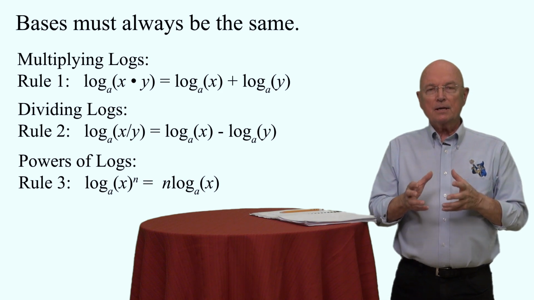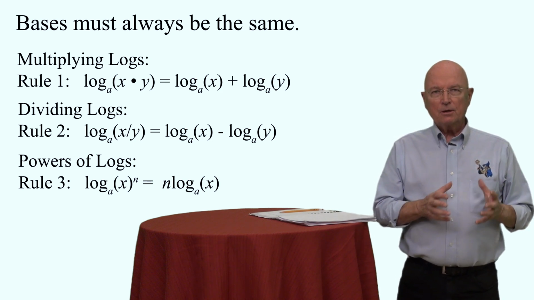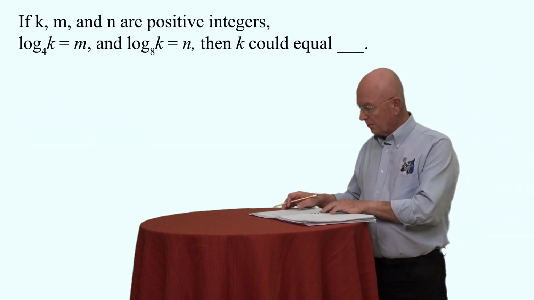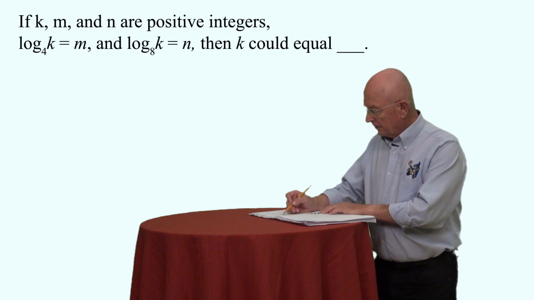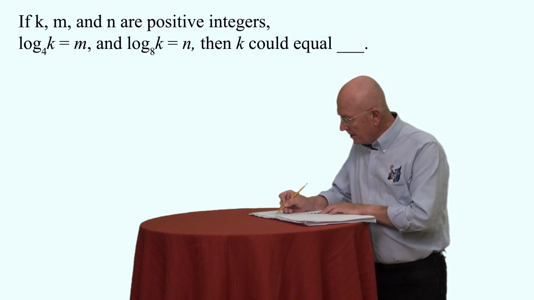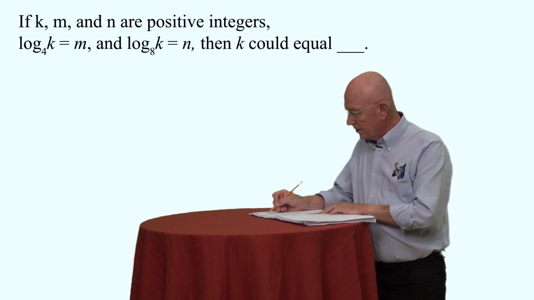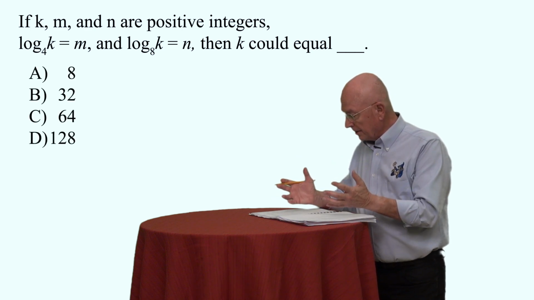So now let's take a moment and do a practice question like you're apt to see on the test. So look in your book at question number 3. It says, if k, m, and n are positive integers, and the log of base 4 k equals m, and the log base 8 of k equals n, then k could equal one of the following.